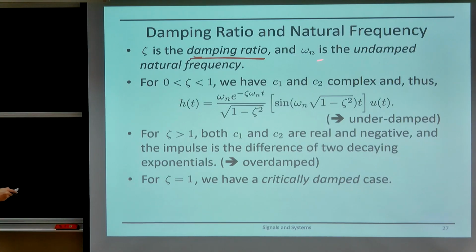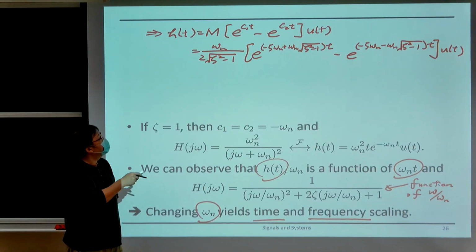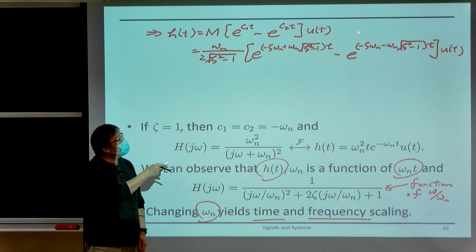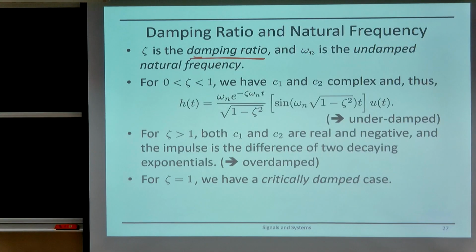And this omega n is the frequency of the oscillation when there is no damping. Okay? So in particular, when there's no damping, meaning that when zeta is equal to 0, you have just minus j omega nt, which means that you have a pure sinusoid at frequency omega n. Okay, so omega n is this undamped natural frequency because it's the frequency when there is no damping.